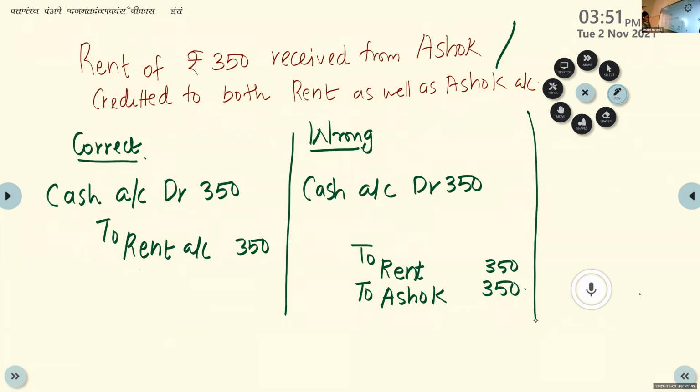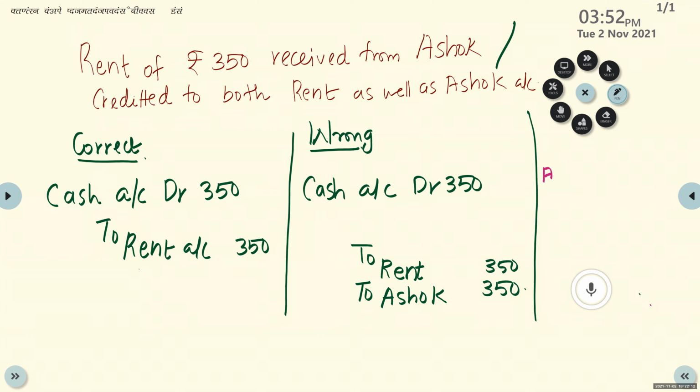So what should be done? Krishna, can you try? Ma'am, we have to delete the Ashok account. Very good. Yes, Ashok account should be cancelled. So in order to cancel that, what should be done? It should be debited.